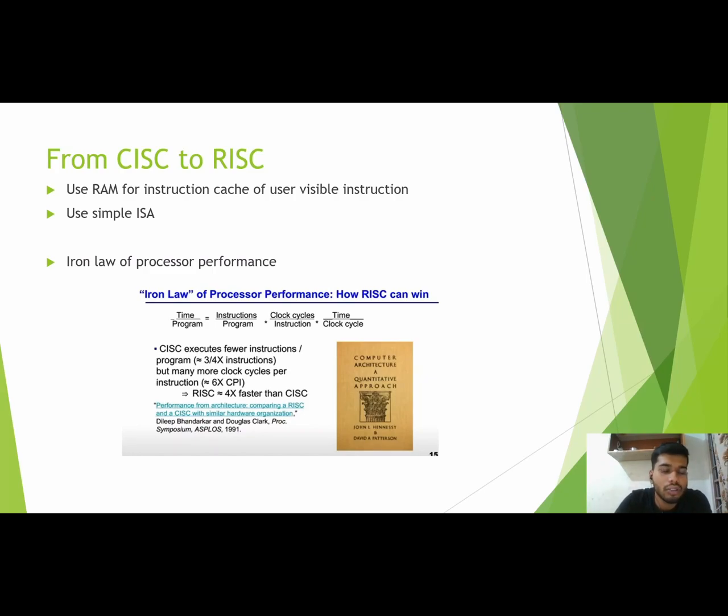So CISC executes fewer instructions per program, like 3/4 of the instructions, but more clock cycles per instruction are needed, whereas RISC was 4 times faster than CISC, according to the book Computer Architecture: A Quantitative Approach, whose authors are John Hennessy and David A. Patterson.